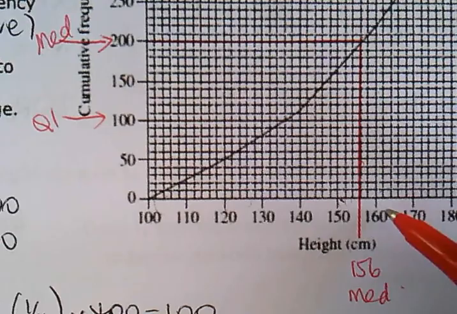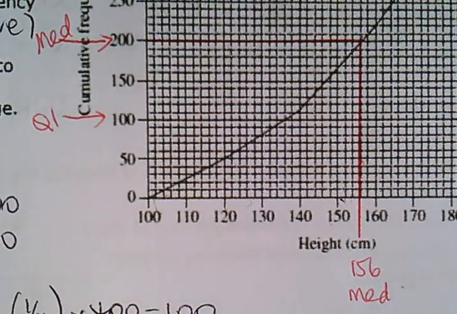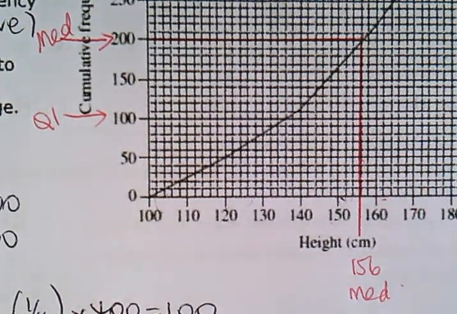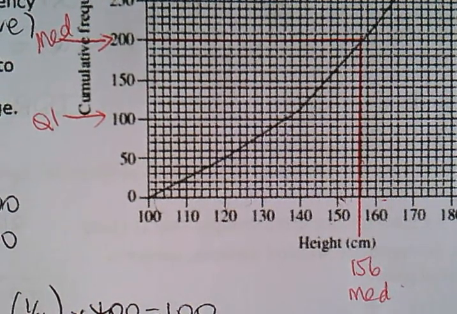Or you do, the difference between 160 and 150 is 10, and it's divided into 5 spaces. That 10 is divided into 1, 2, 3, 4, 5 spaces. If you count the gaps, there's 5 gaps. Not lines, gaps, spaces. Okay, median is 156.